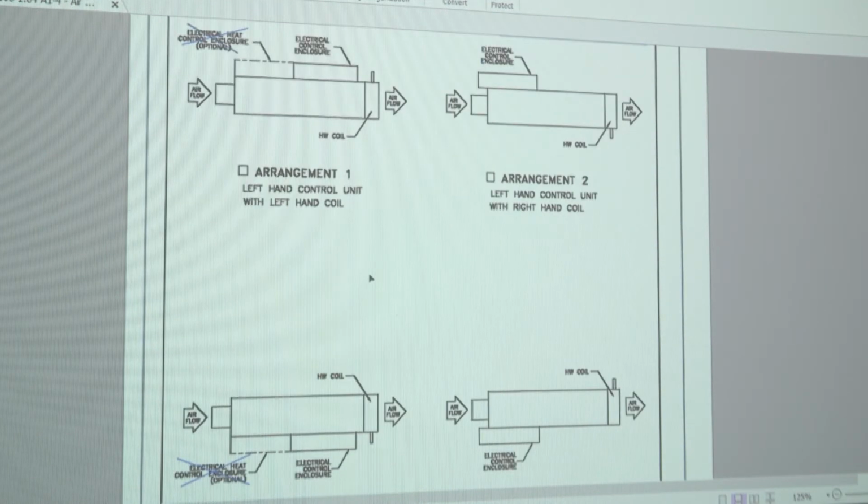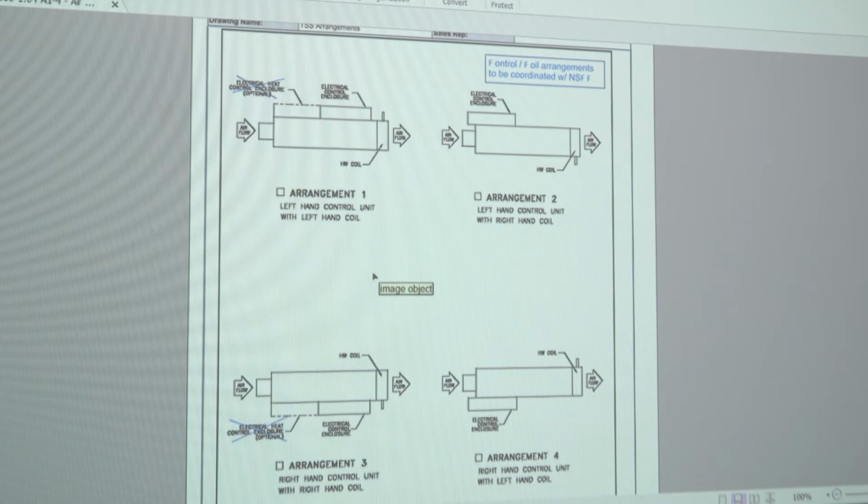Different arrangements that you'll find. You'll have some that have the control box and the coil on the same side. You can have some that have the control box and the coil on the opposite side. This was all done due to coordination with ductwork layout and piping systems within the ceiling.